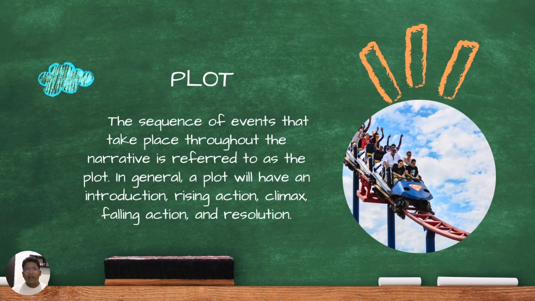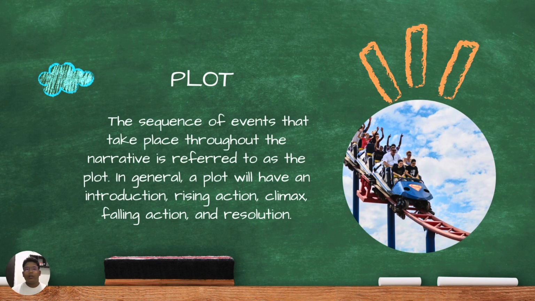The plot is the sequence of events that takes place throughout the narrative. In general, a plot will have an introduction, rising action, climax, falling action, and resolution. So, the chronological order of the events of a certain story is what we call plot.